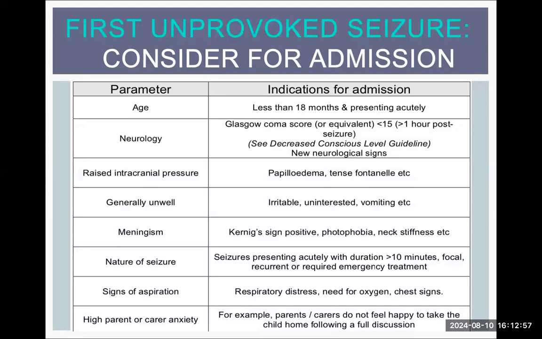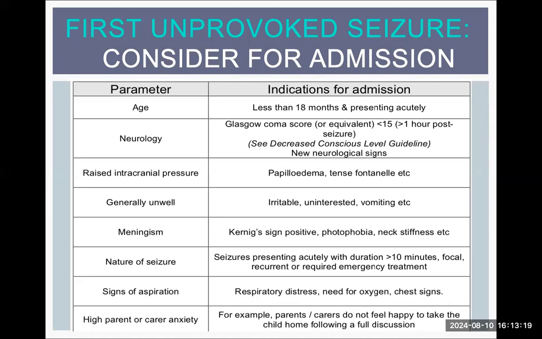And then if there are any signs of raised intracranial pressure like papilledema or tense fontanelles, if the patient appears generally unwell, irritable, or vomiting, or meningitic signs, photophobia, neck stiffness, Kernig sign positive, for example.